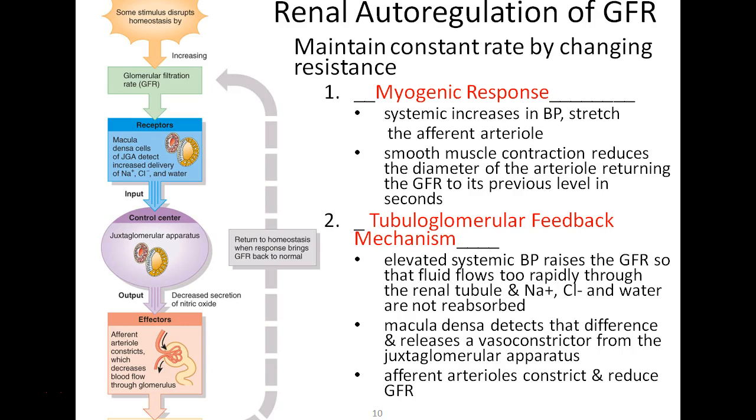And so here we see that the afferent arterioles are going to constrict and therefore reduce the GFR. This is done thanks to macula densa cells. These are able to detect the difference caused in these sodium chloride ions, and that's going to release a vasoconstrictor from the juxtaglomerular apparatus. So in summary, GFR is affected through the kidneys through renal autoregulation.